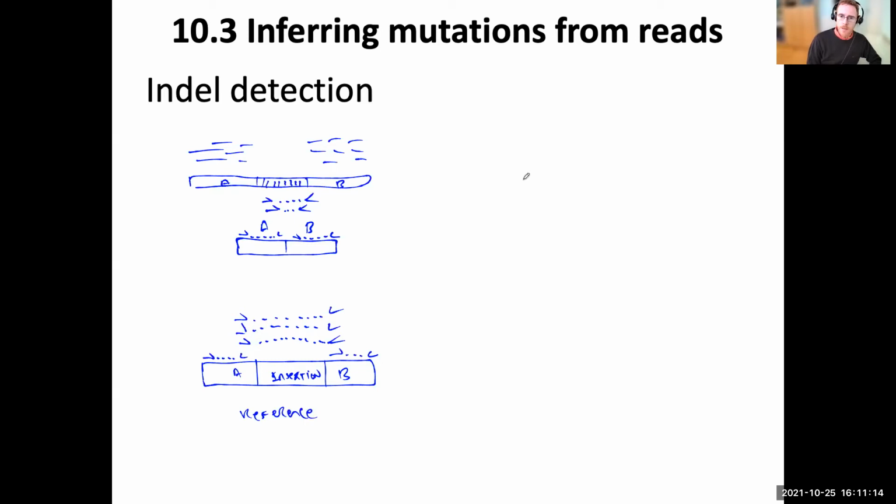Equally, if we had our sample like this, our sample is D, E, and F, and we have extra reads here. These are paired end reads, badly drawn.